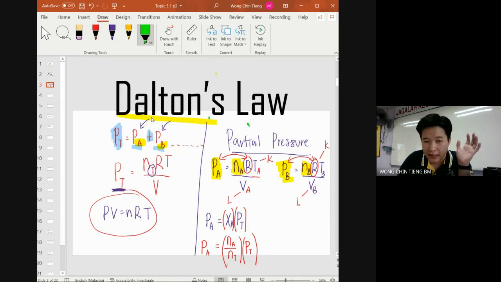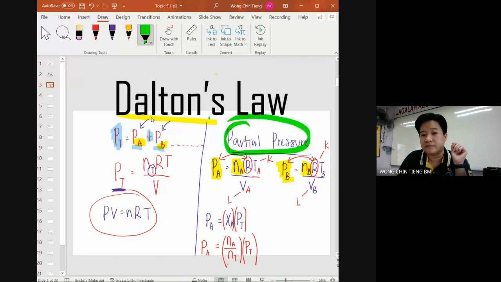The question will ask for partial pressure. So besides using the total pressure formula, the main thing is how to find your partial pressure. This formula is easy, don't worry too much. You only need one thing, number of mole correctly. The number of mole you use depends on the partial pressure you want to find.